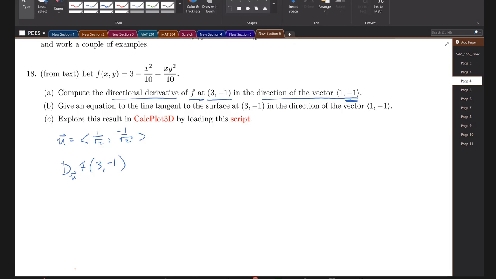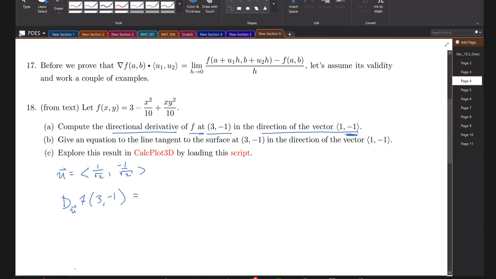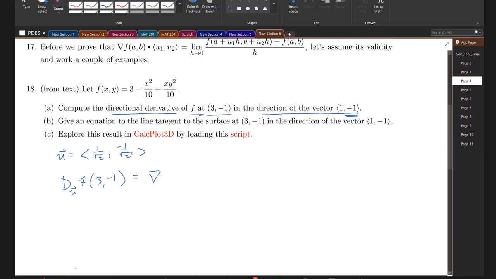Rather than returning to the limit definition of the directional derivative like we did in our first example, we're going to use this new alternate definition where we take the gradient of f evaluated at 3, 1 and we dot it with the directional vector. Is it going to be 3, negative 1? Yes, it is. Thank you, Aya. Good catch.